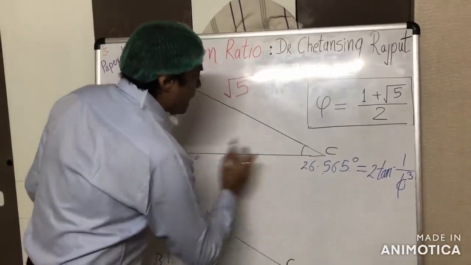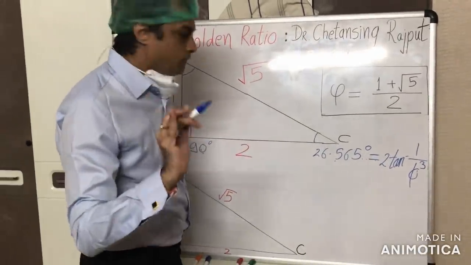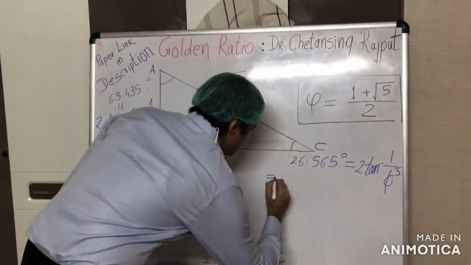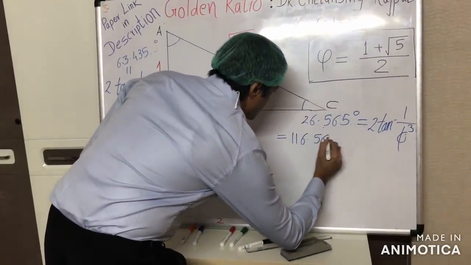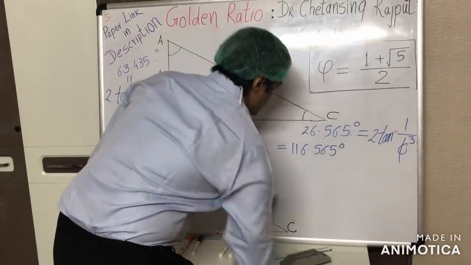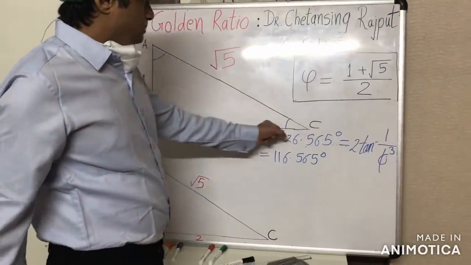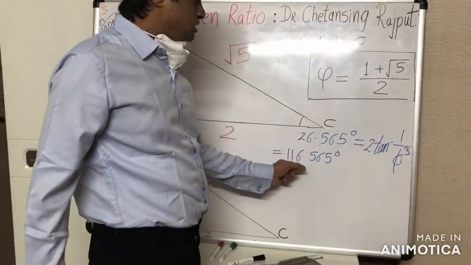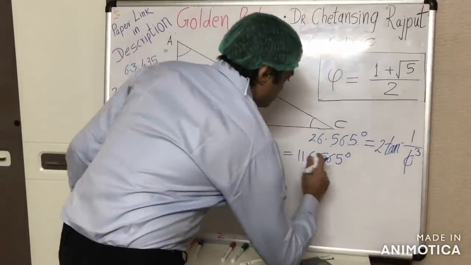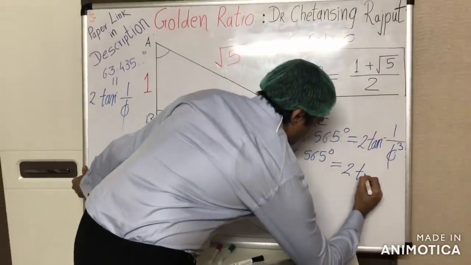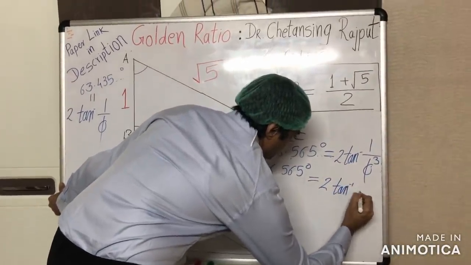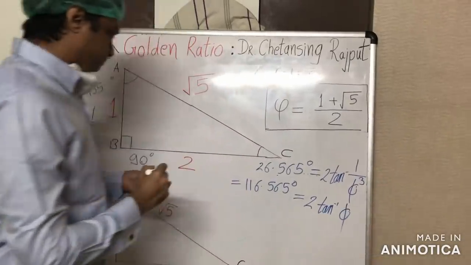These two angles add up to a very peculiar value, which is equal to 116.565 degrees. 90 degrees plus this smaller acute angle add up to this value, and this value is precisely equal to twice the arc tangent of the golden ratio.